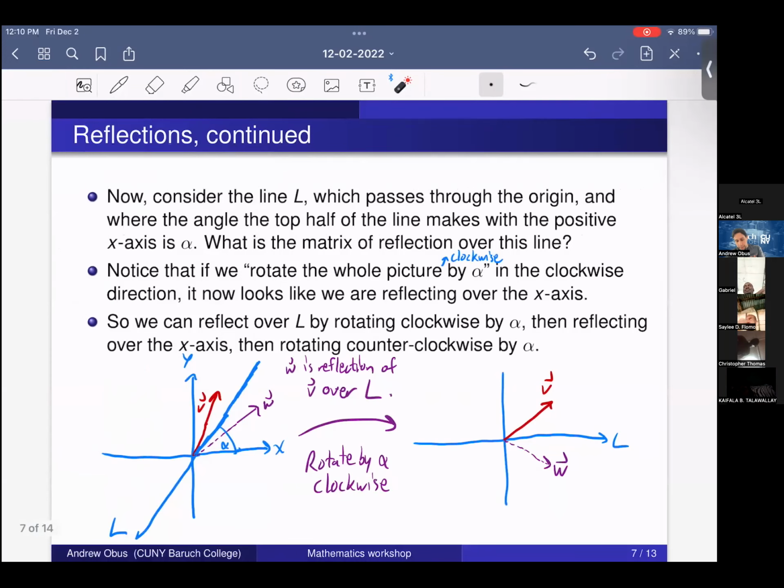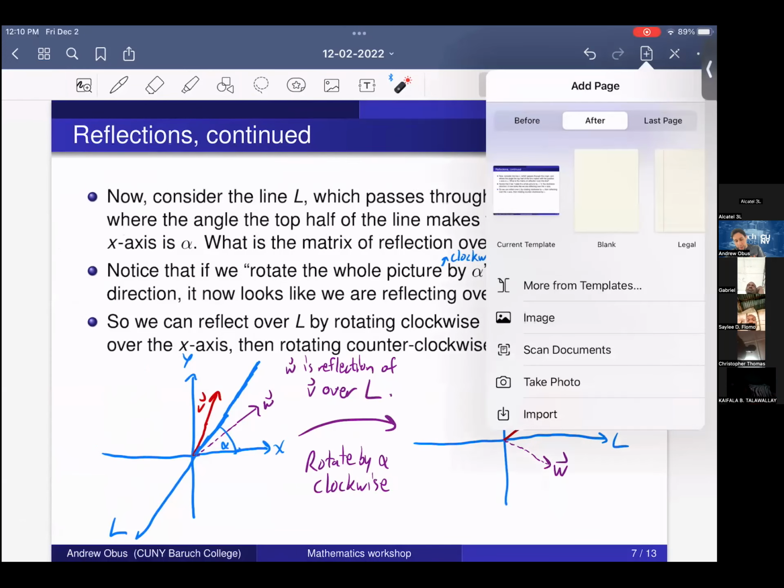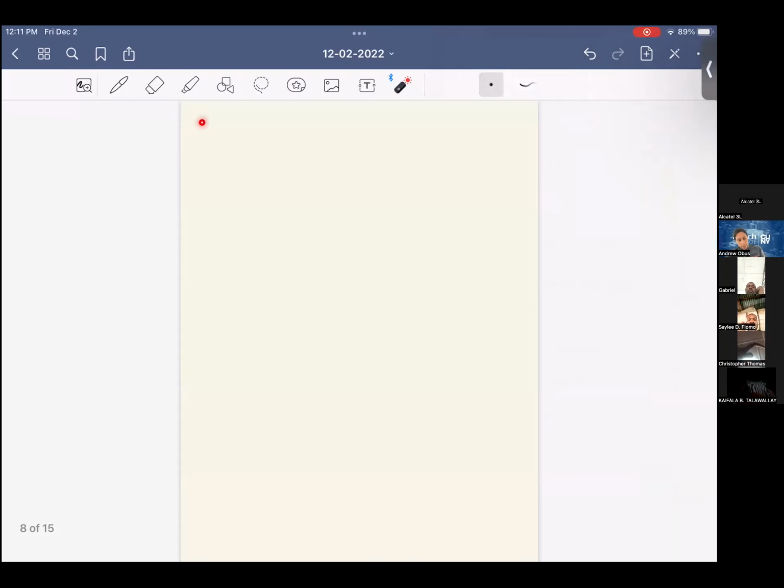So let me draw this maybe on a blank sheet of paper. Given v, how do I get w? Well, I start with this line L, and here's v. Maybe I won't even draw w.